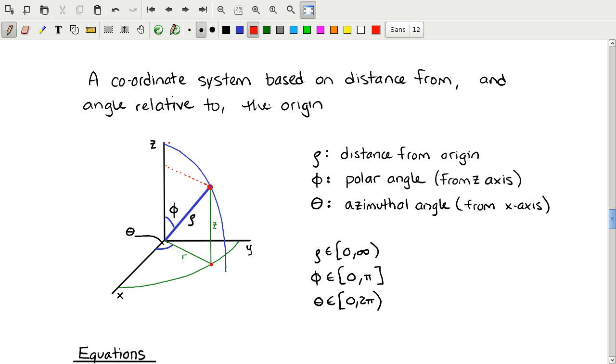Phi, as we just stated, starts at 0 and increases and reaches pi, or 180 degrees, at the South Pole. It doesn't make any sense to extend it beyond that, and so we let phi go only to pi. Finally, theta, as in cylindrical, wraps around the xy plane and goes from 0 to 2 pi. So these are the bounds on our new spherical variables, rho, phi, and theta.